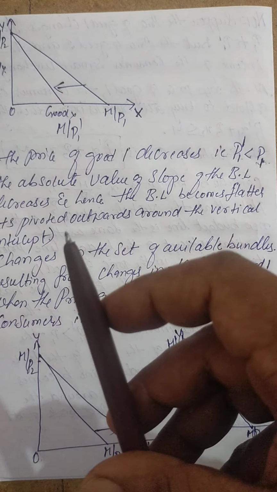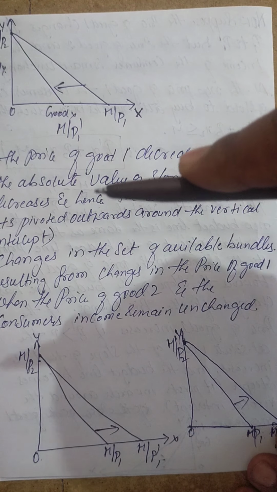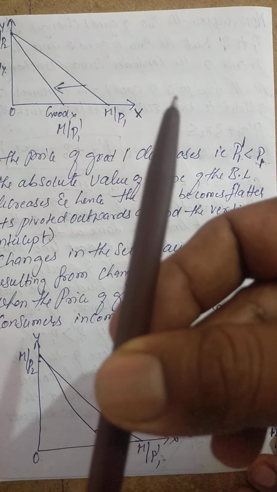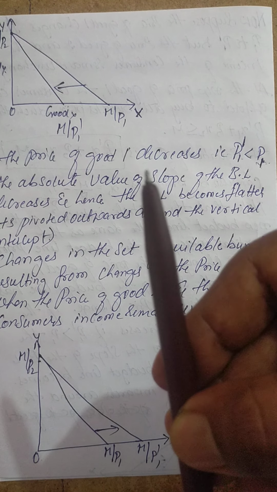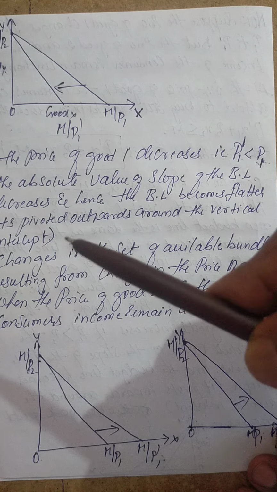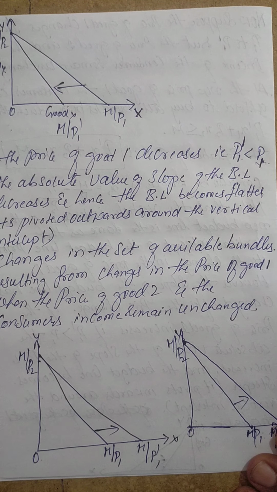Steep means it becomes like this, flat means it becomes like this. So this becomes flatter. When it becomes flatter, more purchase takes place.